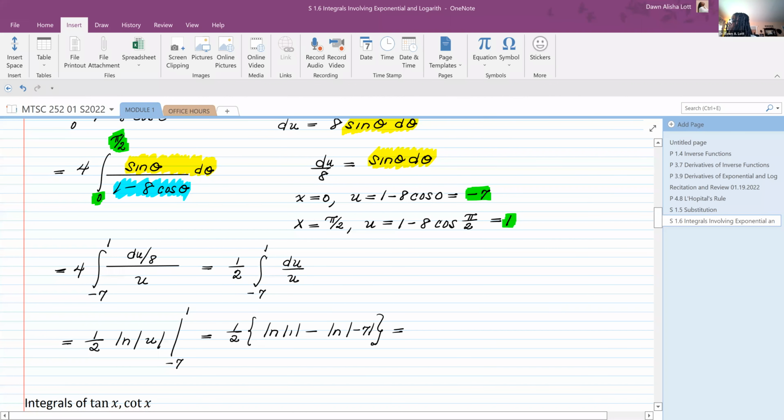The natural log of 1 is 0. So this is going to give me -1/2 the natural log of 7, and I'm done. That's the answer.